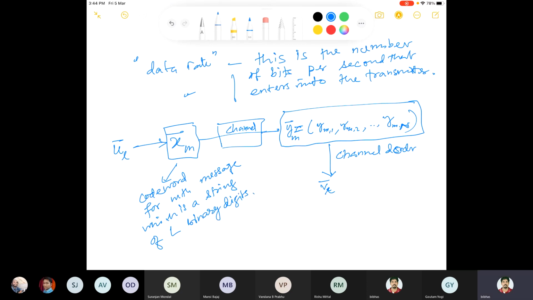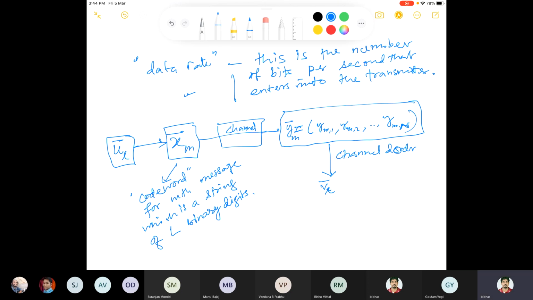This is the code word for that, and then you will receive this. And this is happening for all possible sequences of binary digits of length capital L.